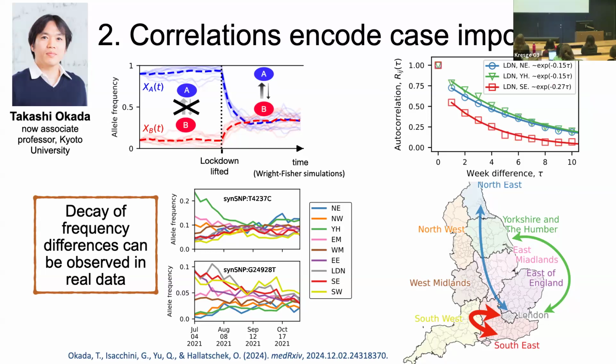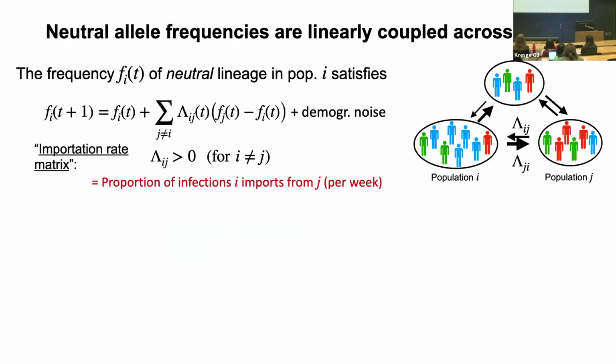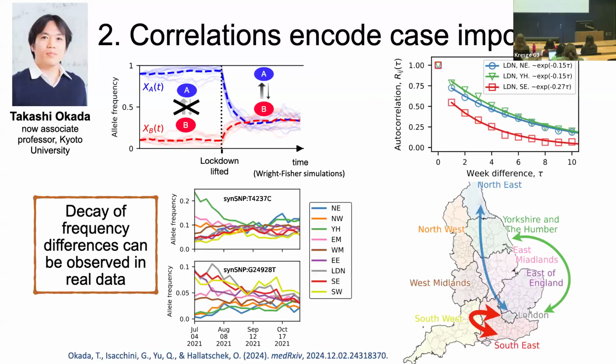It's the autocorrelation of different regions I and J, where you do the average over all possible SNPs, and you see indeed a decay of these correlations with time. And it also depends on distance between regions, which I'm going to go into more later. I hope this is understandable because this is where the signal is.